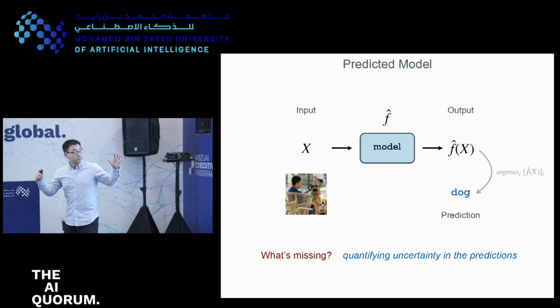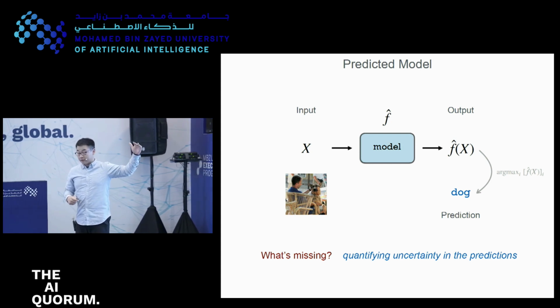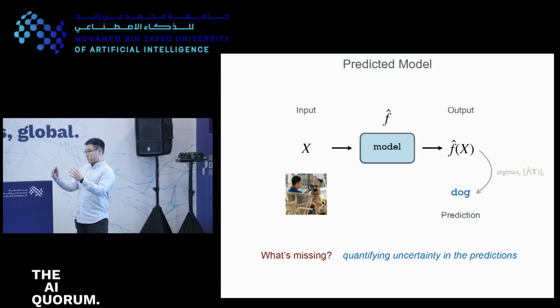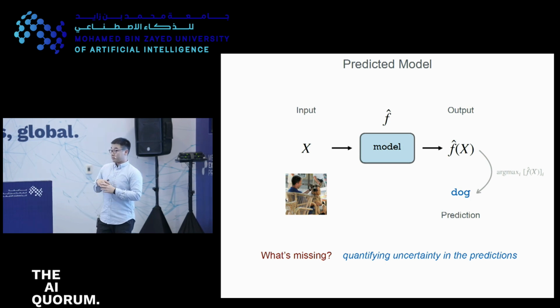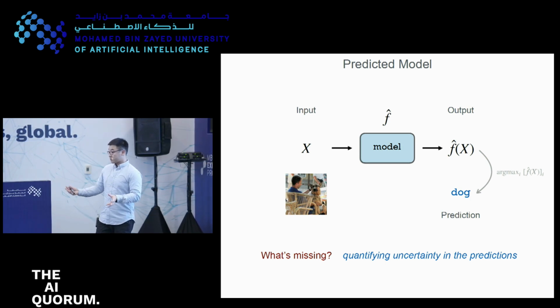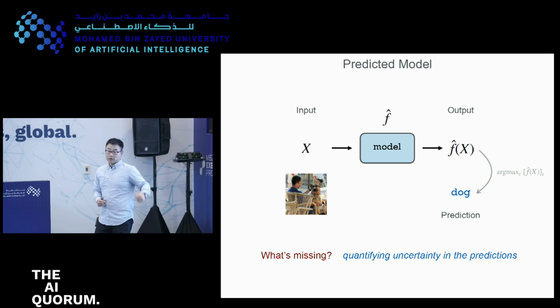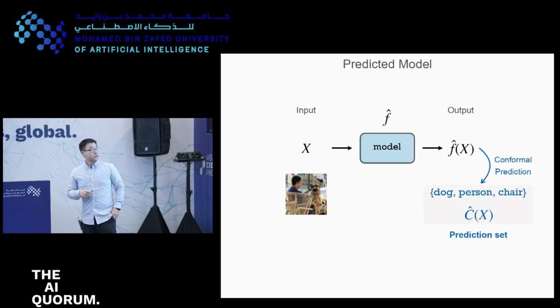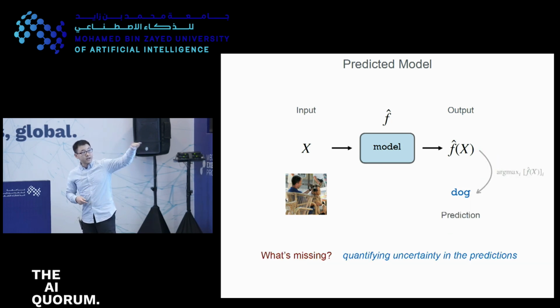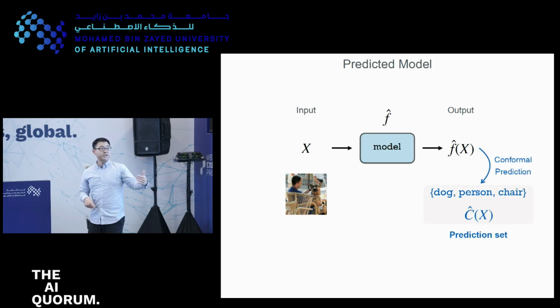So how do we modify the current pipeline so the output can provide some nice uncertainty quantification? Instead of giving a point prediction, we can give a prediction set.